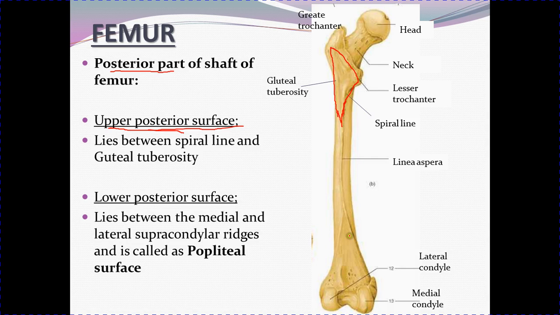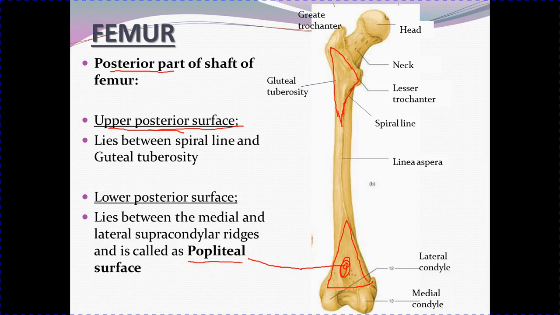Similarly, there is a lower posterior surface which lies between the medial and the lateral supracondylar ridges of the femur, and this lower posterior surface is called the popliteal surface.